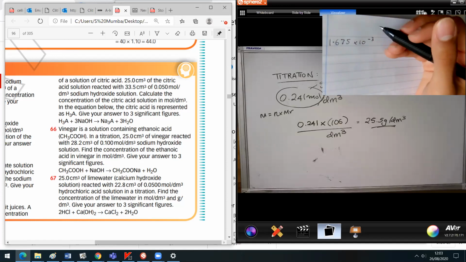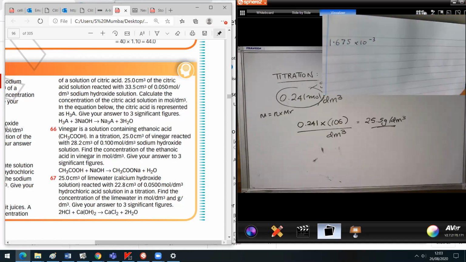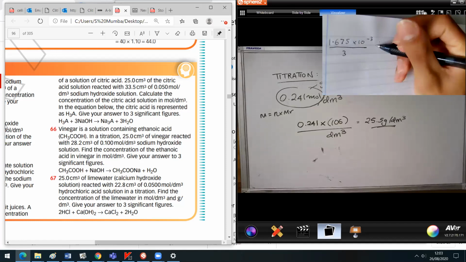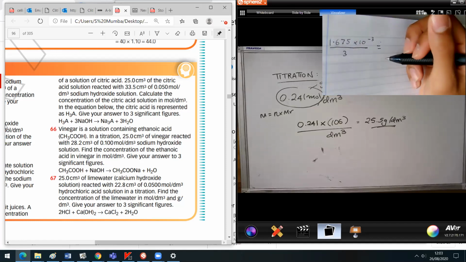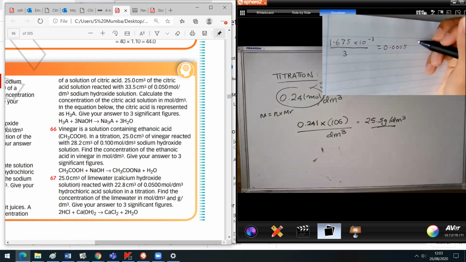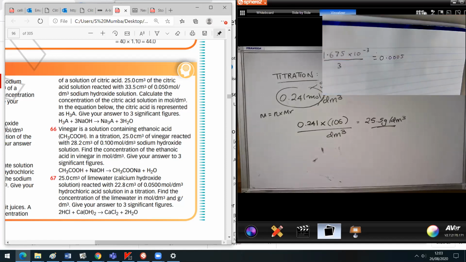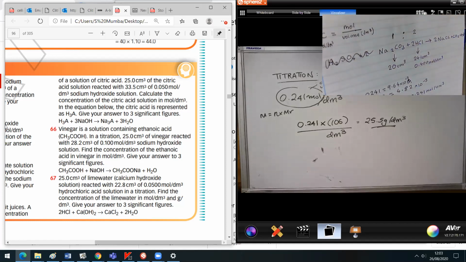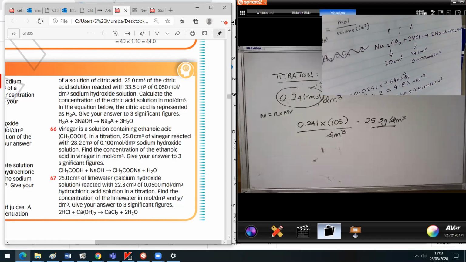So 0.0005, and then so now that's the moles for the citric acid.